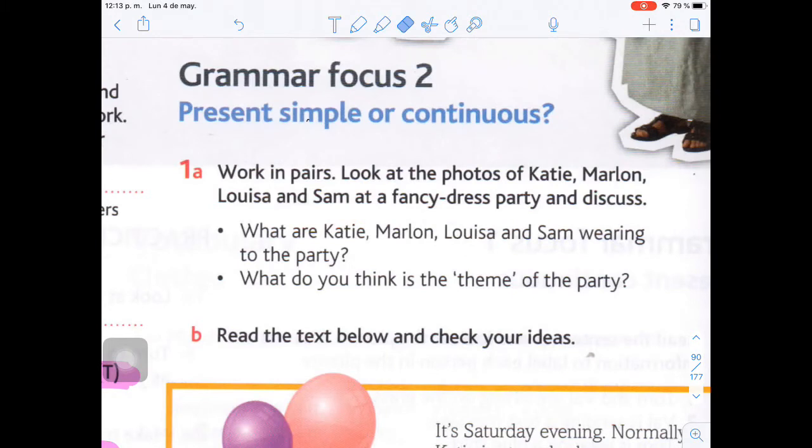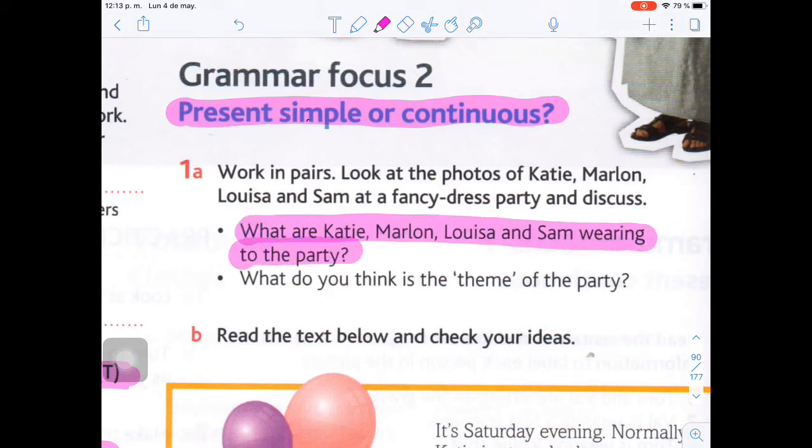Okay, let's continue. Another important exercise that you'll find in this page is the grammar focus 2. It's about when do we use present simple and when do we use present continuous. So to understand this grammar focus, you have to do these exercises. First, answer this question.